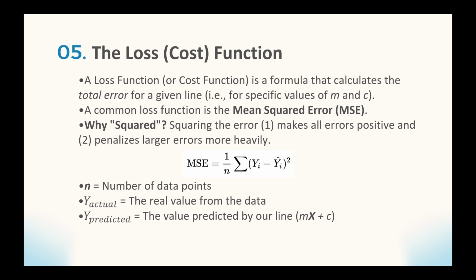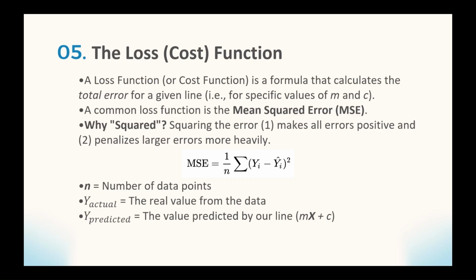It might look complex, but it's simple. It takes the actual value of y, subtracts the y value the line predicted, and squares that difference. It does this for all the n data points, adds them all up, and then finds the average.